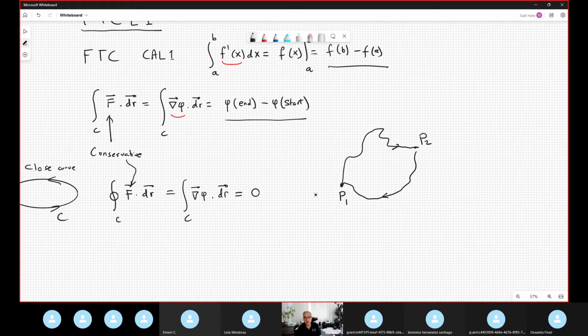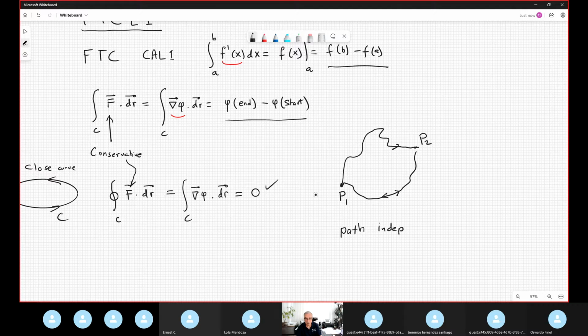I know that the integral around the closed loop is zero. That means if you change the direction of this integral, it is the same value but with opposite sign. Therefore, the circulation integral, when you have a conservative field, is path independent.